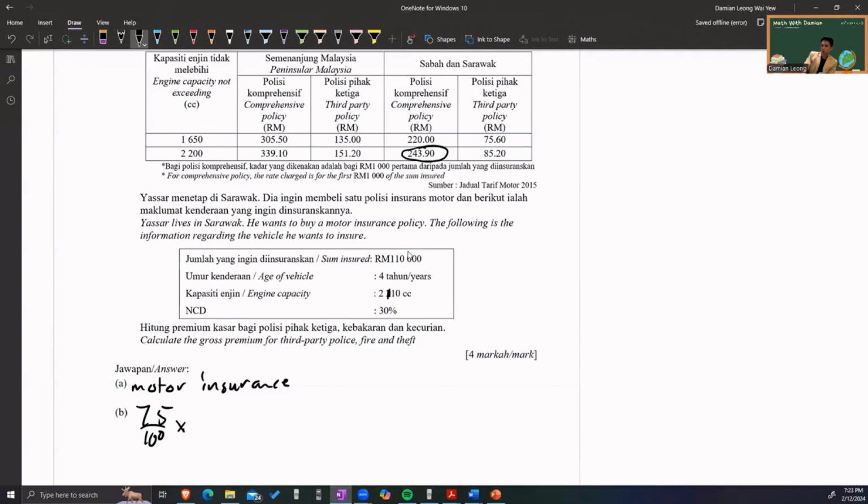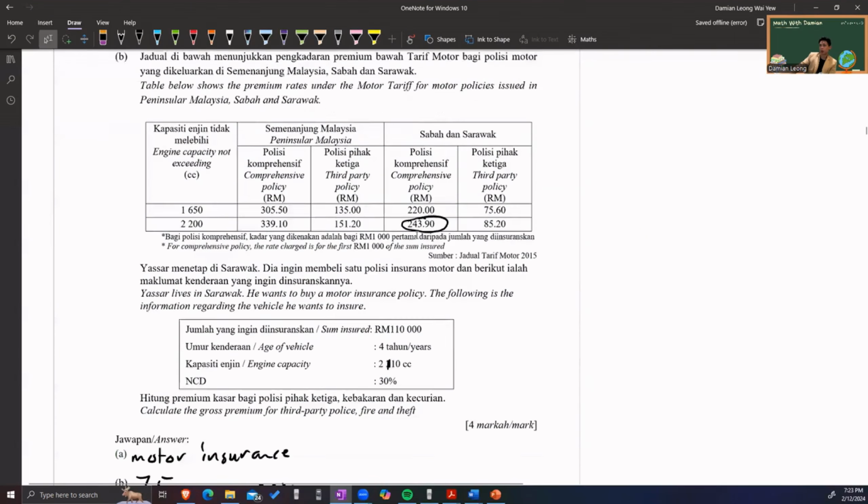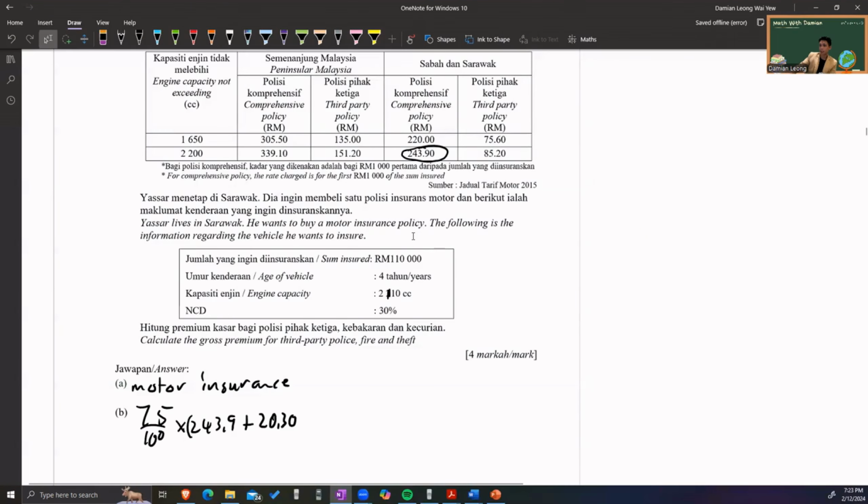Means we times 243.9 for the first 1,000 ringgit. So we have to plus 20 ringgit and 30 cents for the rest of it, because Sabah Sarawak is 20 ringgit 30 cents.